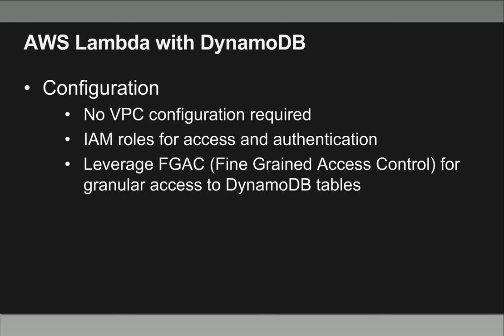In the Lambda configuration, you select VPC or no VPC. You also have fine-grained access control. For example, you may want to give your users access to specific rows or columns in your database. In your DynamoDB table, you can accomplish that using DynamoDB, and you're using the role-based mechanism offered by IAM.